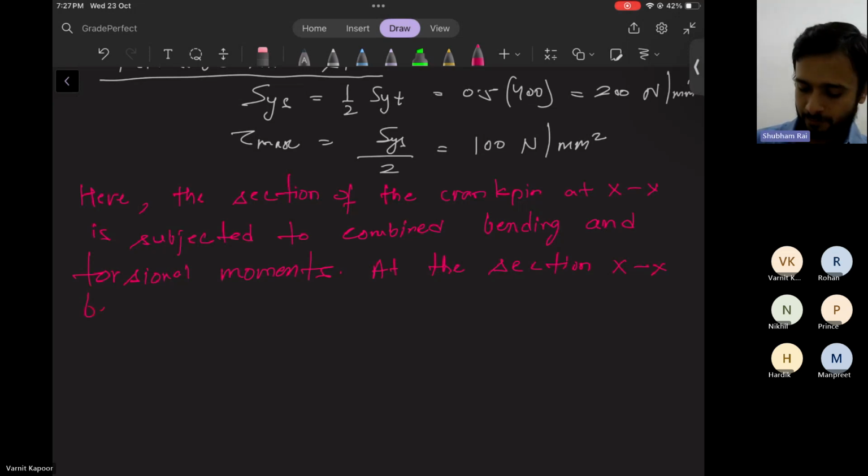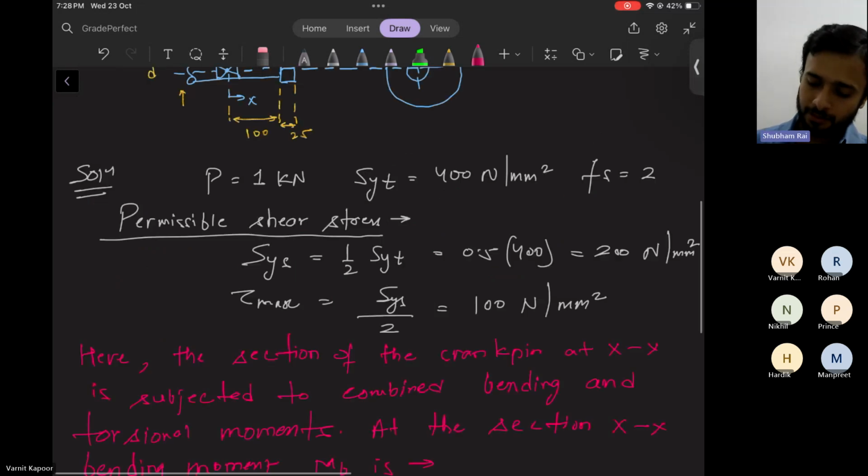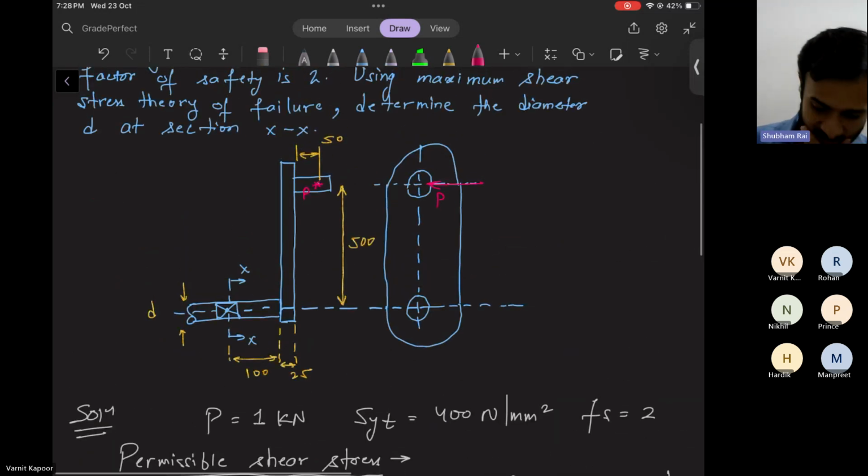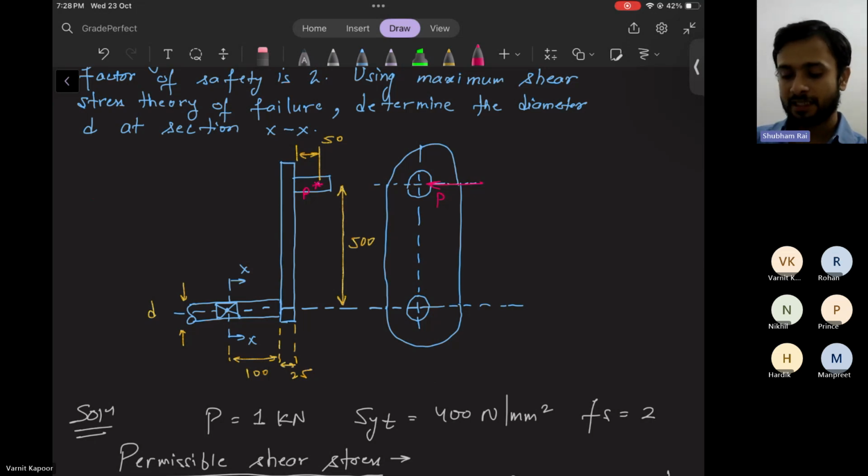bending moment. What will be the bending moment at the section XX? Can you tell me? This force P is acting, and what is the distance between the shaft and the force P? For bending, the distance will be 100 plus 25 plus 50, right?